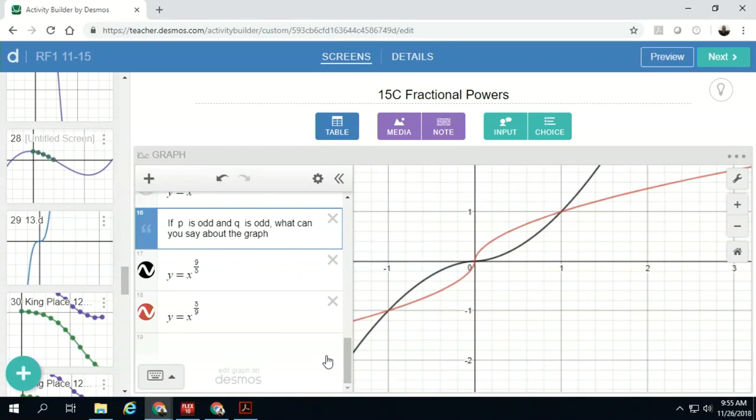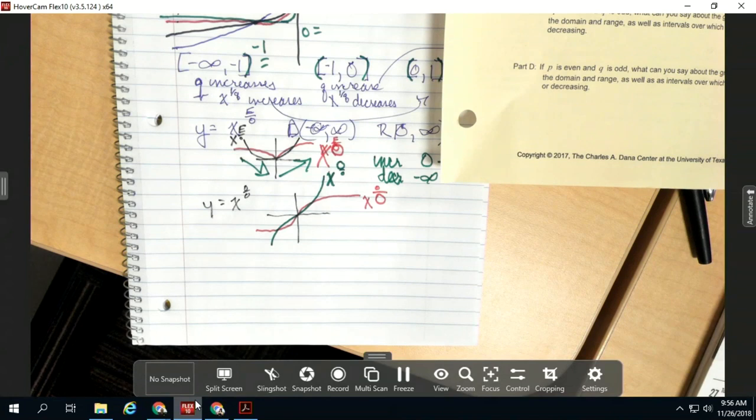And if the littler number is on top, it's going to curve out.